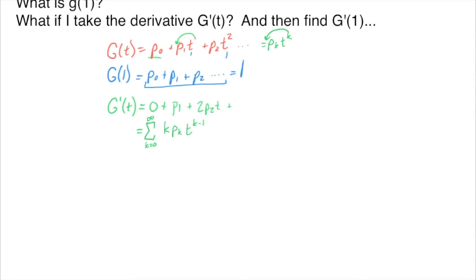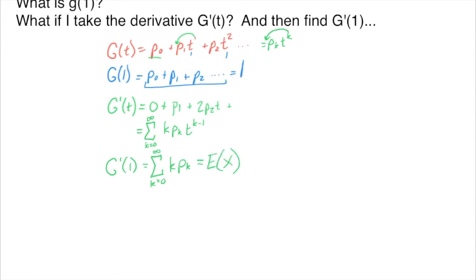The next step is I want to do g prime of 1, which means I'm going to put 1 in for the t, and what I get is the summation from k equals 0 to infinity of k pk. Does that look familiar to you? It should, because this is the expected value.